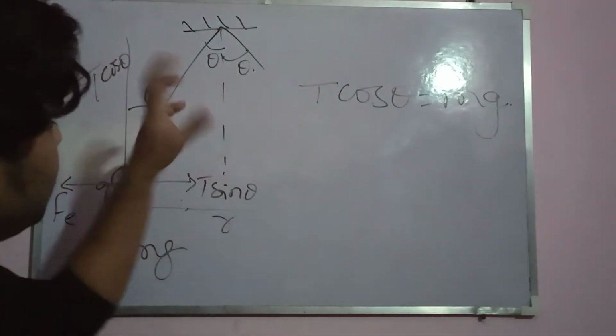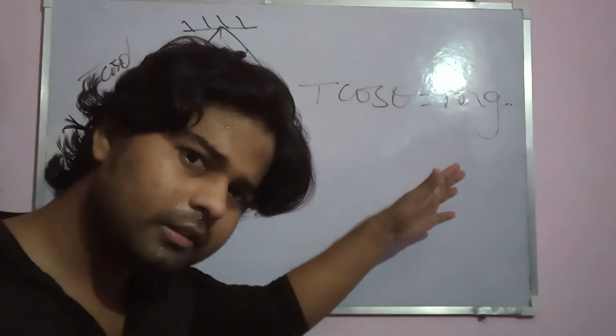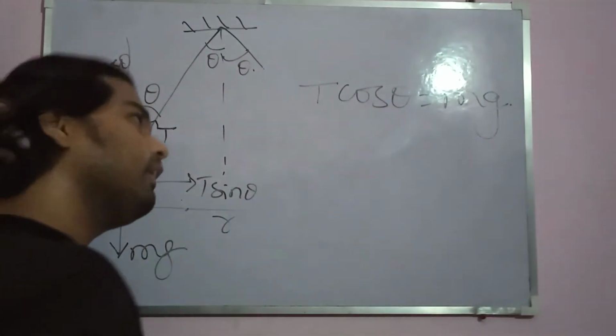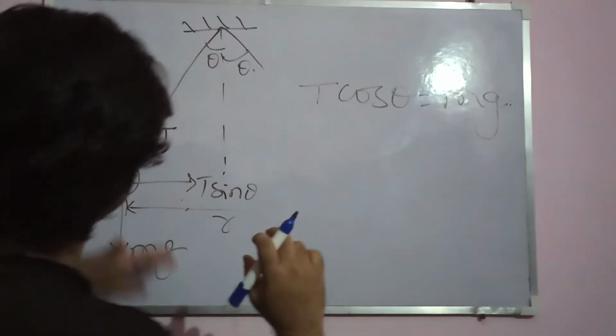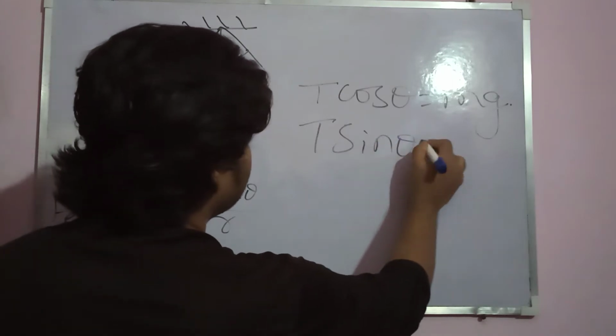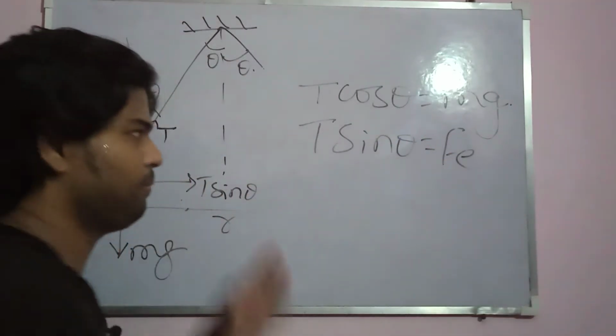T sin theta is equal to the repulsive force Fe under the balanced condition.